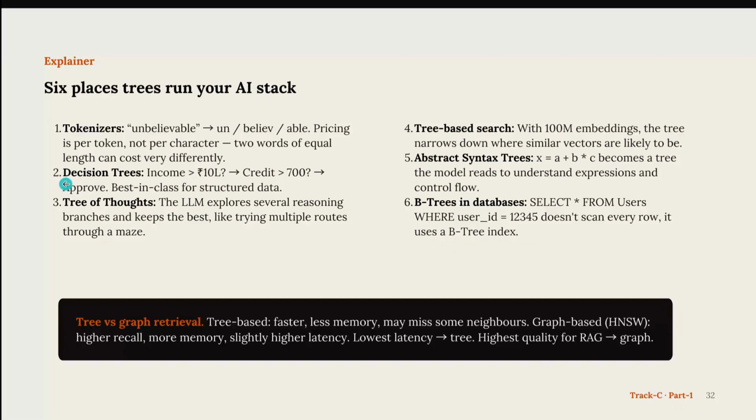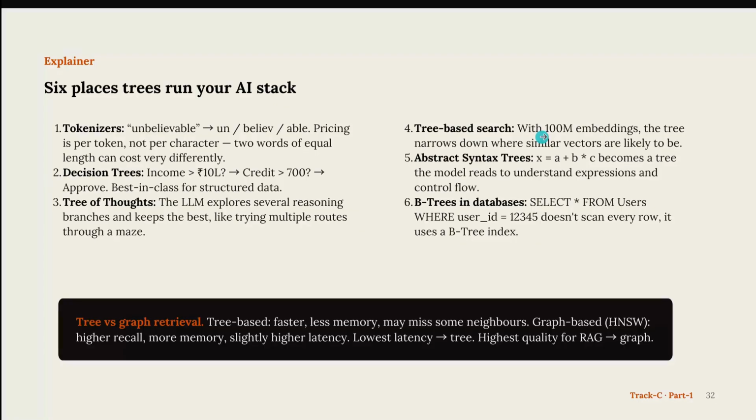It's like trying multiple routes through a maze. Fourth, tree-based search: when 100 million embeddings are created, a tree structure arises there, and similar vectors are well known, and it will help us narrow down what vectors to refer to.